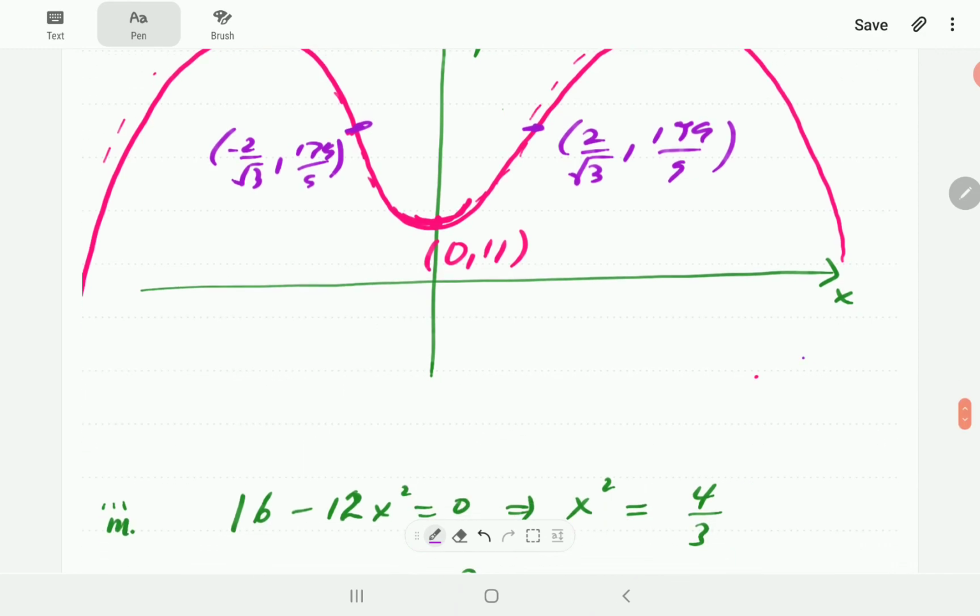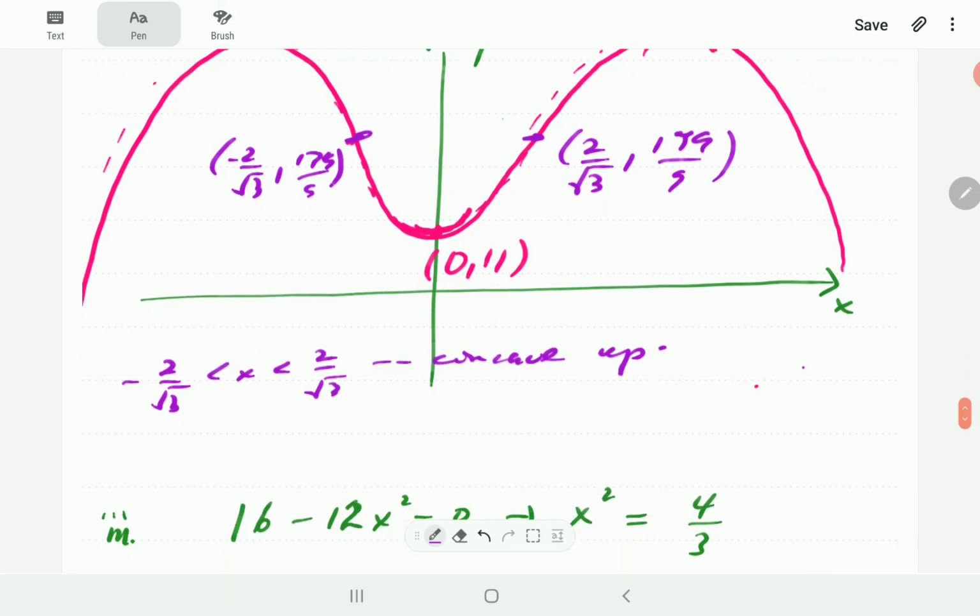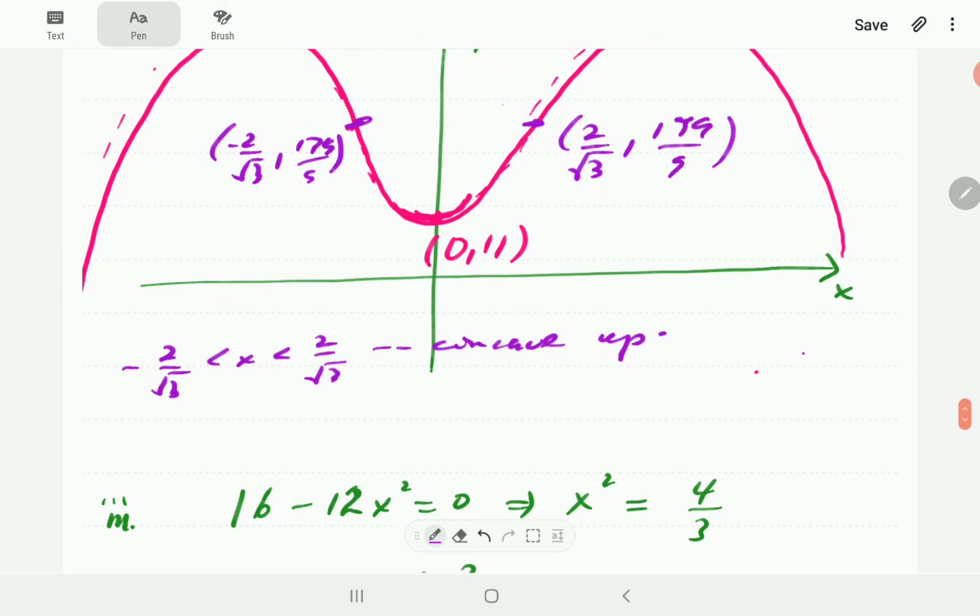And so between negative 2 over root 3 and 2 over root 3, the graph is concave up, as we can see. And then outside this range, for magnitude of x bigger than 2 over root 3, the graph is concave down.